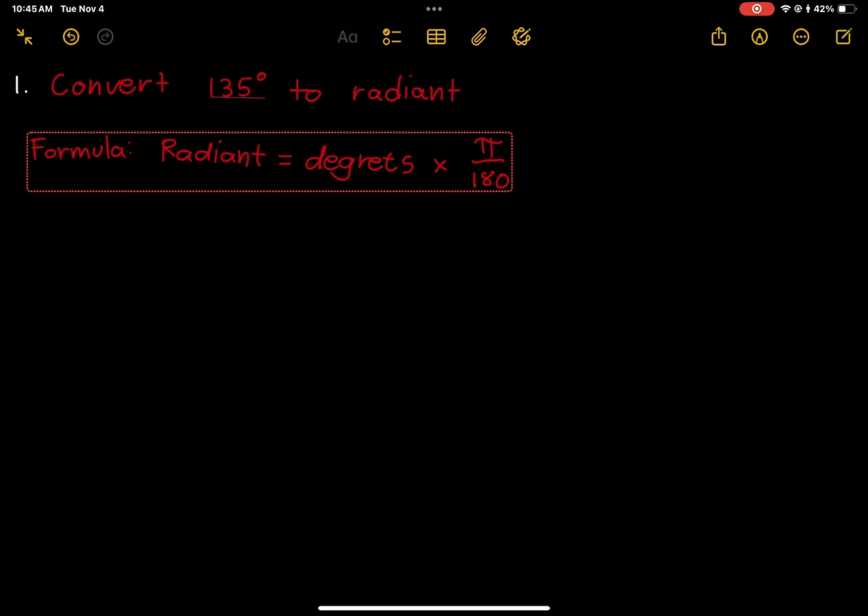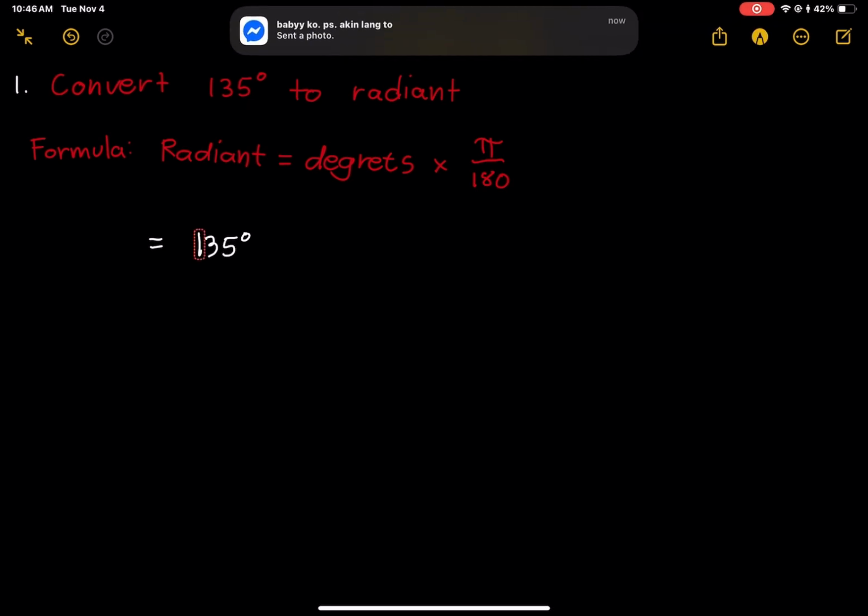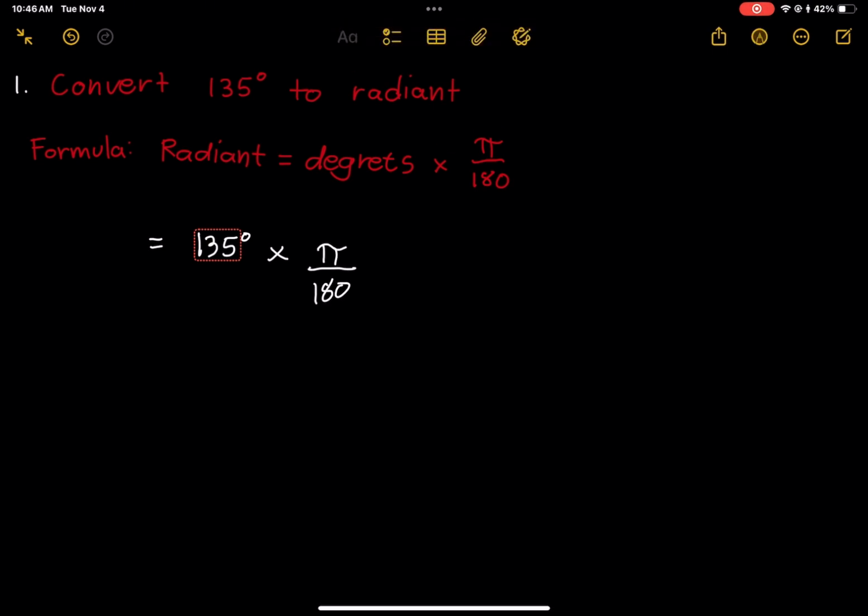Next, let's derive. So we will have 135 degrees multiplied by pi over 180 degrees. There's a degree sign over there, I forgot to write it.